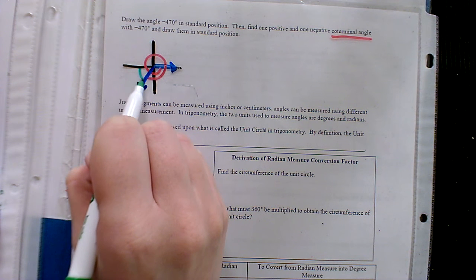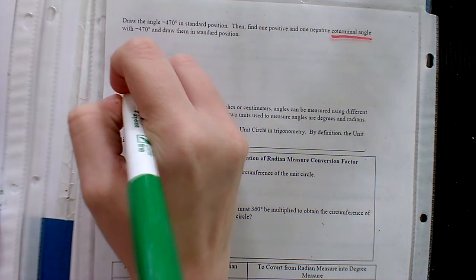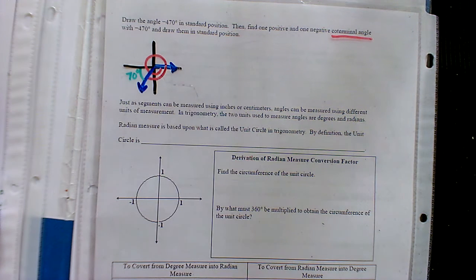So how much more would we have to go in order to get to that x-axis? Yeah, 70. Good. Each quadrant has 90 degrees, because 4 quadrants altogether would give us the 360, that full circle. Perfect.